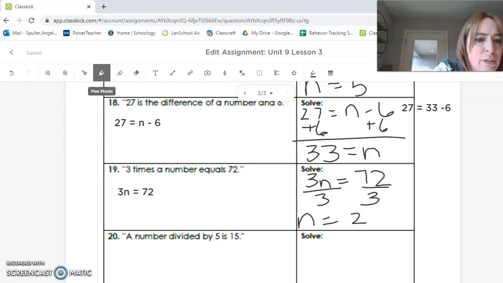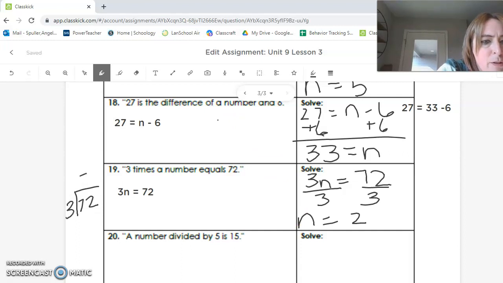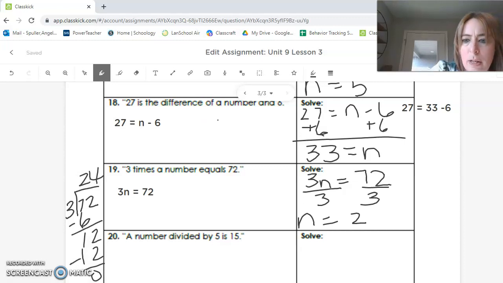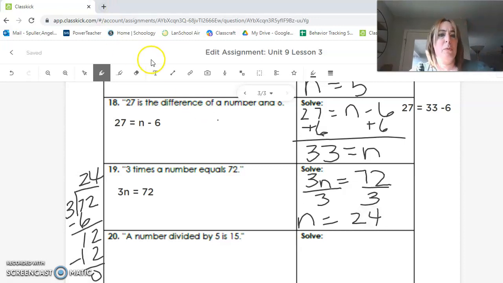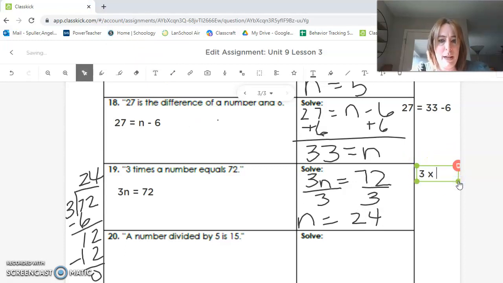Let me do it over here so you can see it. I say 72 divided by 3 goes 2, gives me 6. I'm going to subtract that, get 1, goes in there 4, that gives me 12. I'm getting 0 left over. Okay, so 24. Let's prove it. So I have 3 times 24 equals 72.